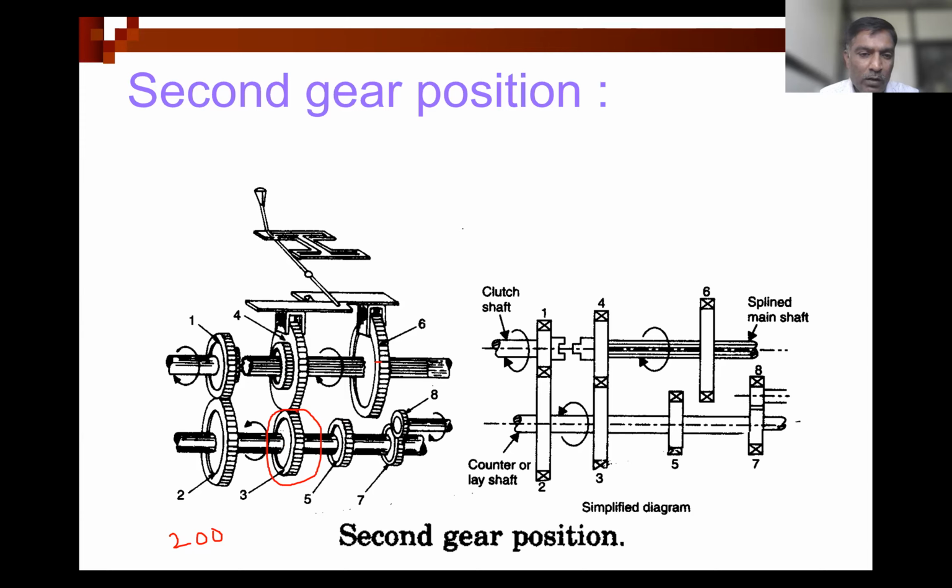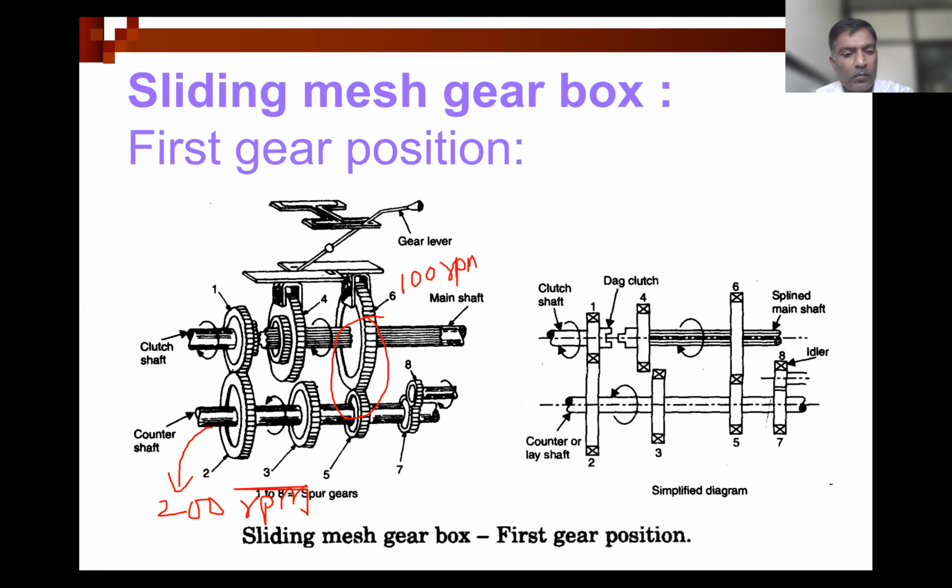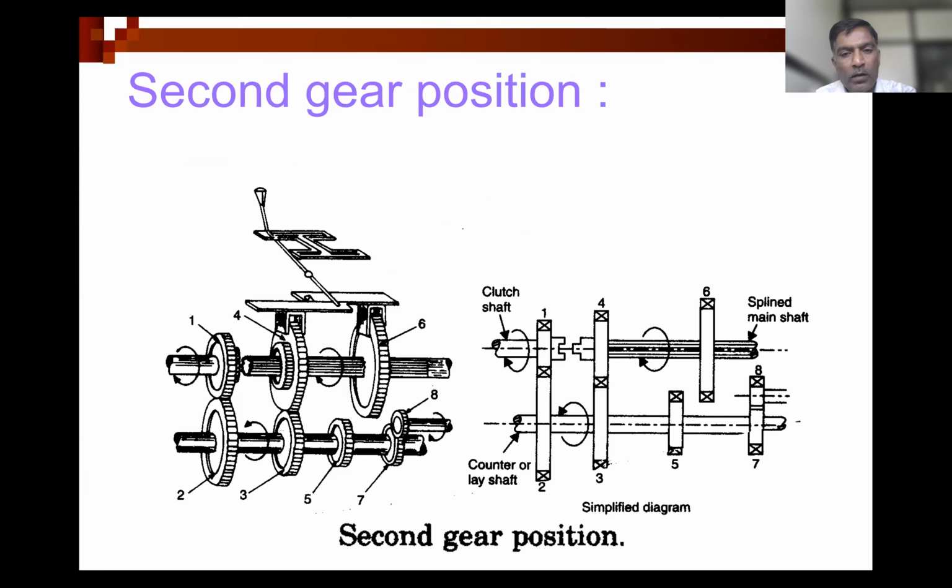As this one is small, it will have rotation around 150 RPM. This is one example I am showing. So what it indicates? This is second gear, in which we can have less torque. In first gear we can have more torque. कळालं का तुम्हाला? Yes sir, yes sir. Okay. Then you can see this.